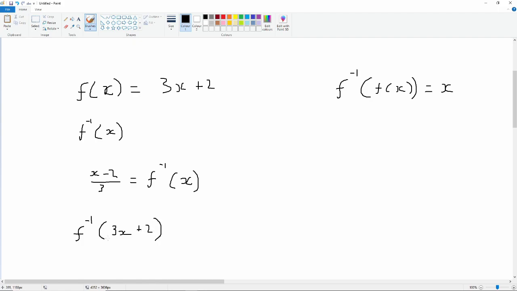Now I'm saying that that is going to come out to x. Well, let's try it, shall we? F to the minus 1 of x is x minus 2 over 3. So that's equal to x, which is whatever's in this brackets, which is 3x plus 2.